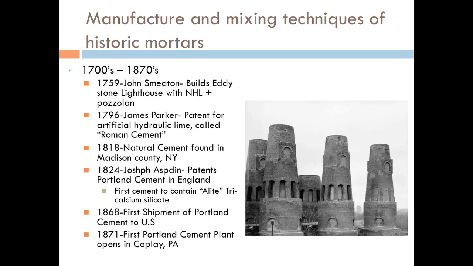We start getting into the 1700s, the 1870s, this time frame. This is where things really start to come about as far as the modern materials that we run into today. So in 1759, John Smeaton, in England, built the Eddystone Lighthouse with a natural hydraulic lime, because he started playing around with different materials that he was sourcing locally, and he actually added pozzolans to it as well.